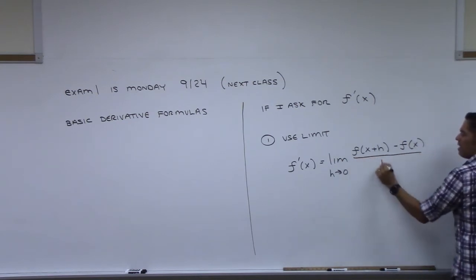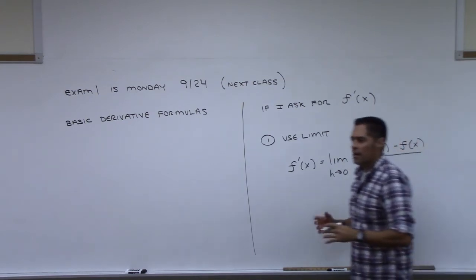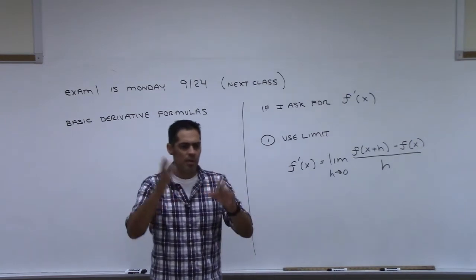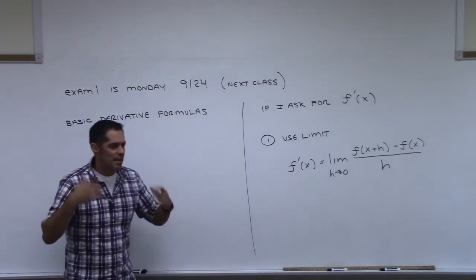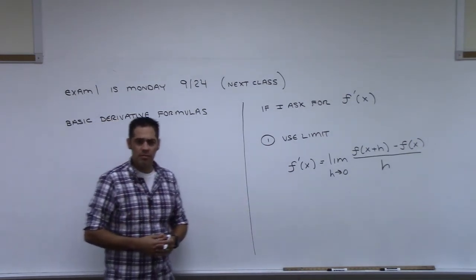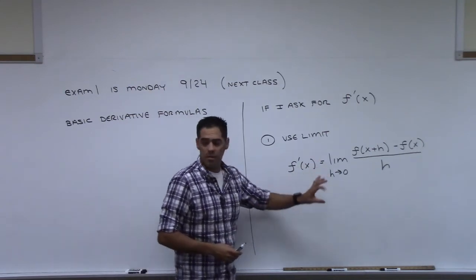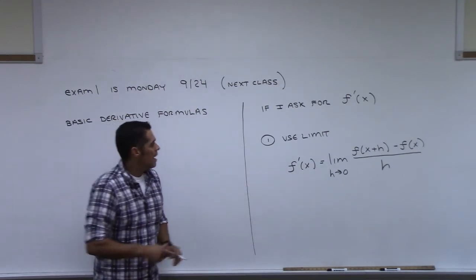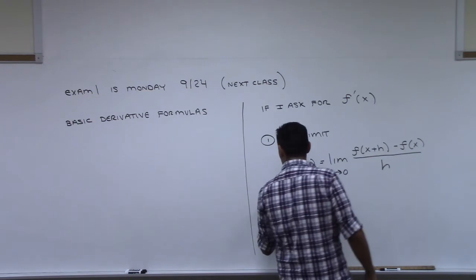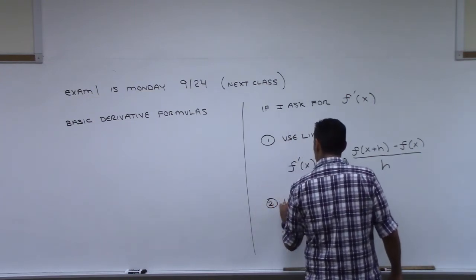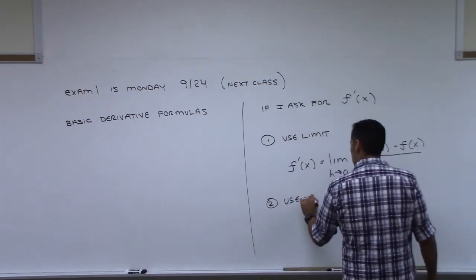You actually have to grind this thing out, try and get things to clean up where your h's cancel, and then at the end take your limit as h goes to 0. That's what you were supposed to do on those homework problems. That's the first way. The second way is to use the formulas.